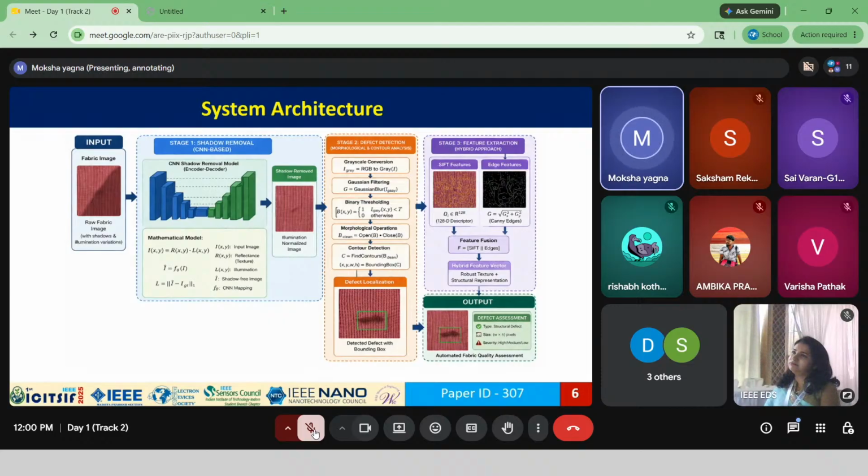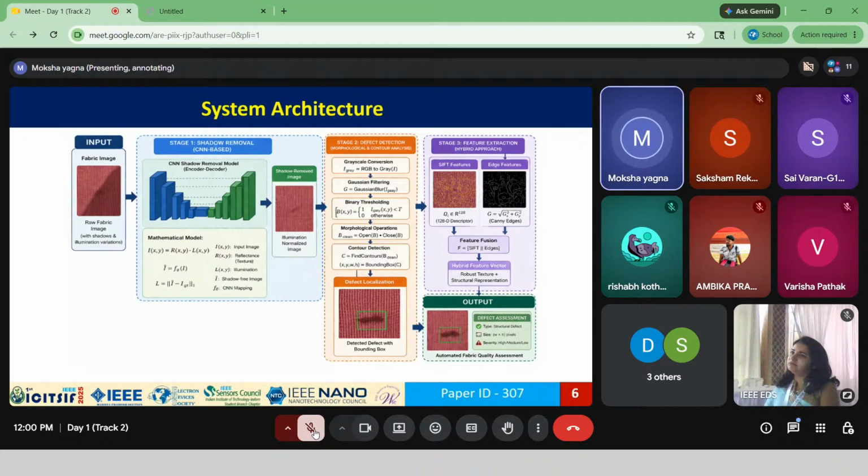Then thresholding: if the pixel value is greater than the threshold, it becomes white, that is one; if it is less than the threshold, it becomes black, so that we can easily identify where the defect is.